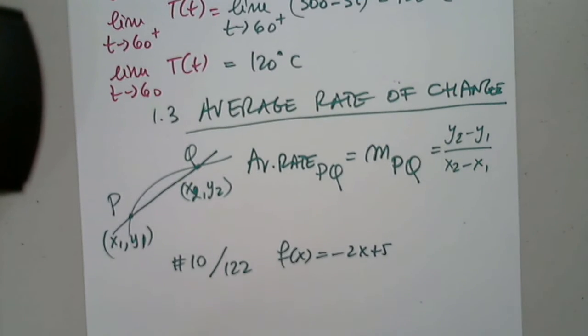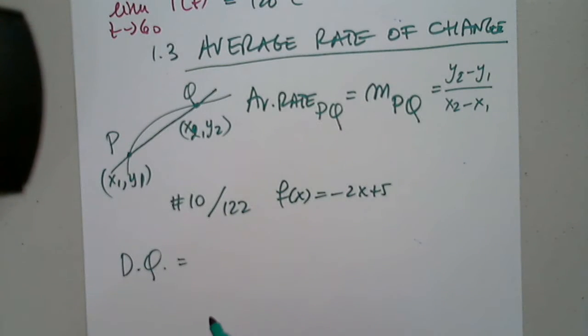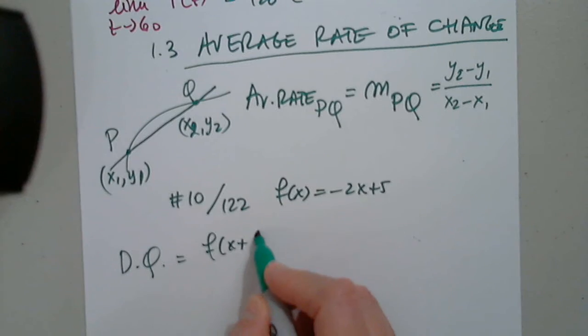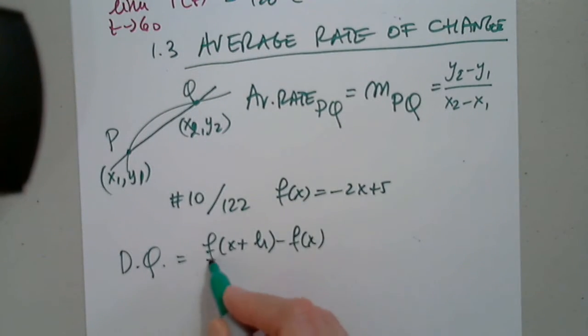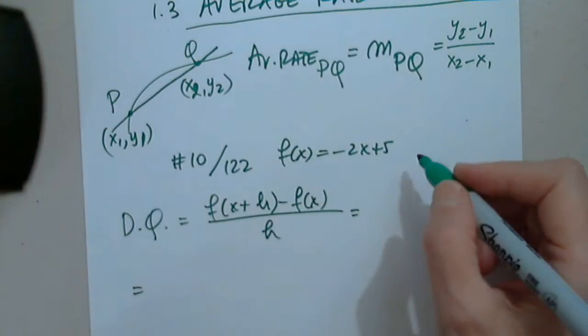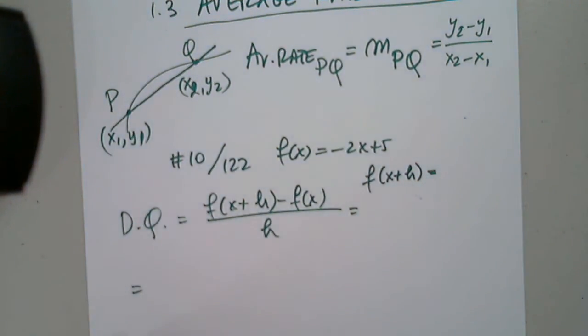Can anyone refresh our memory on the difference quotient? f of x plus h minus f of x all over h. Thank you very much. And of course, can anyone now give us here on the side how to write f of x plus h?